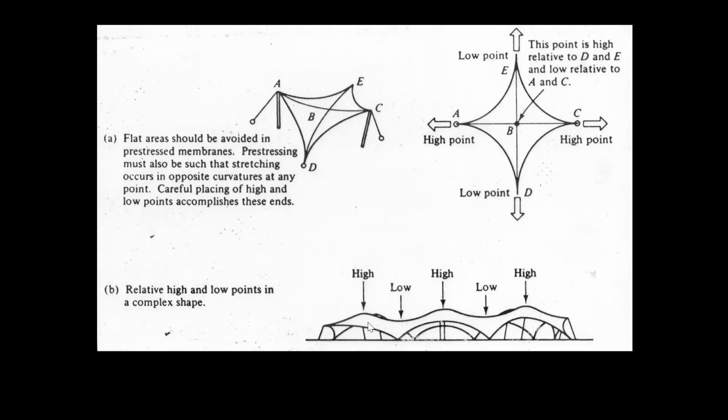And so for every tension fabric structure, we need high points and low points, high and low, so that we can get enough curvature in the fabric, and we can tension the fabric so it's really tight as a drum, and then it's not going to flap excessively under wind gusts.